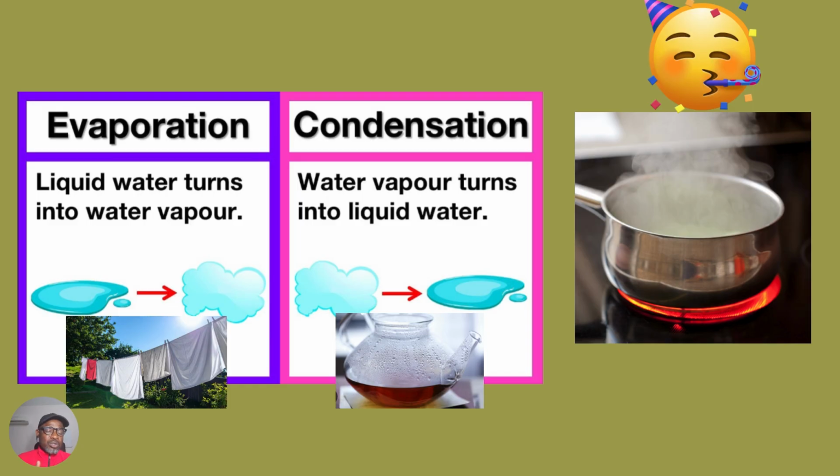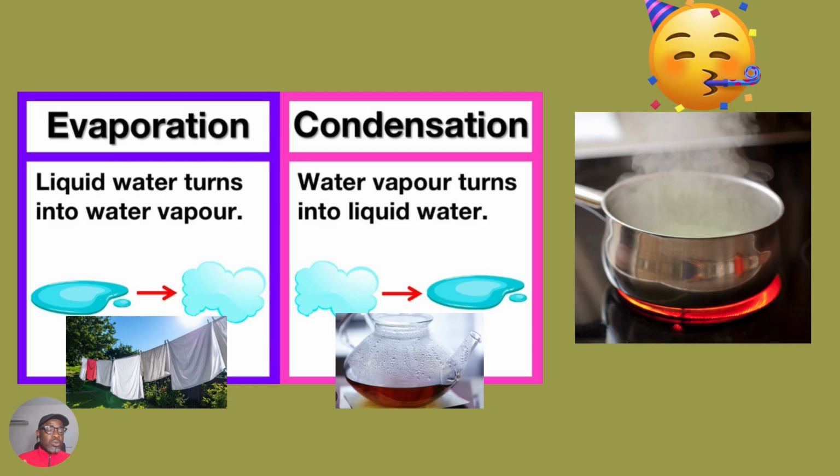When you increase the temperature of the pot, or of the glass, or of the cup where the water is, there will be evaporation, which means the water will turn into water vapor.